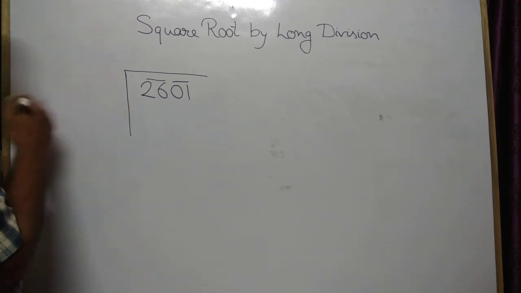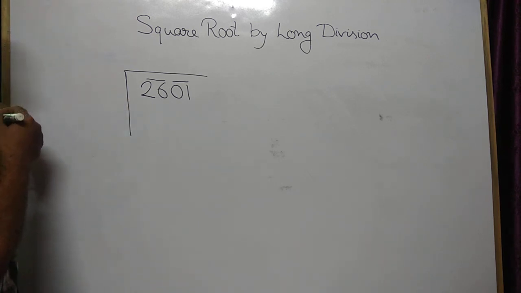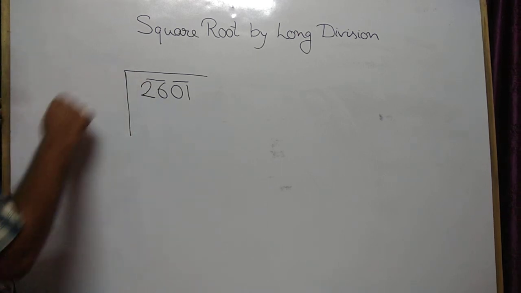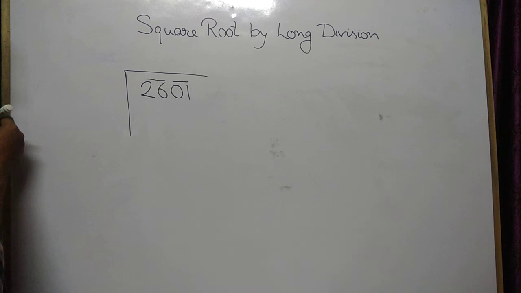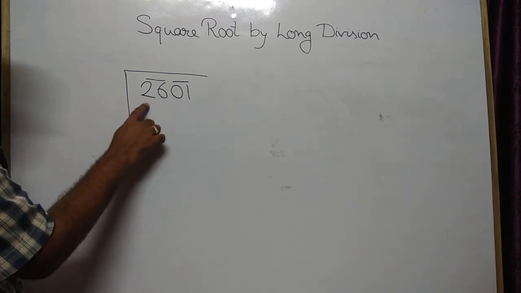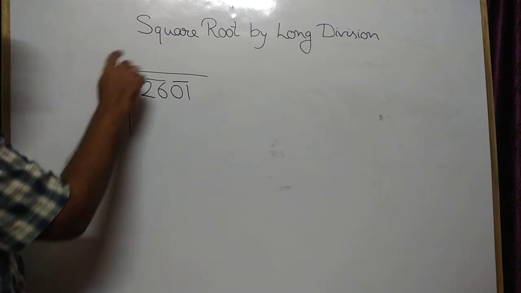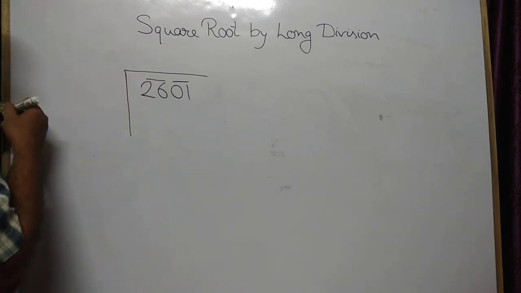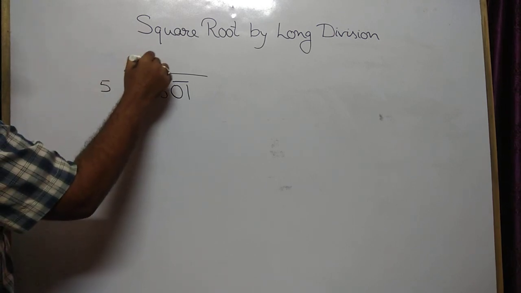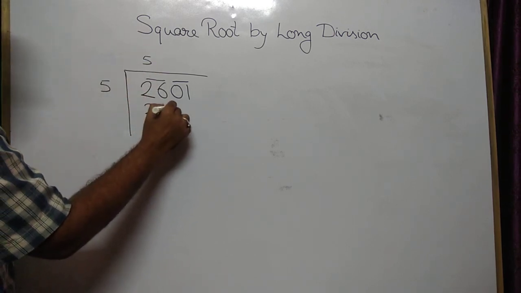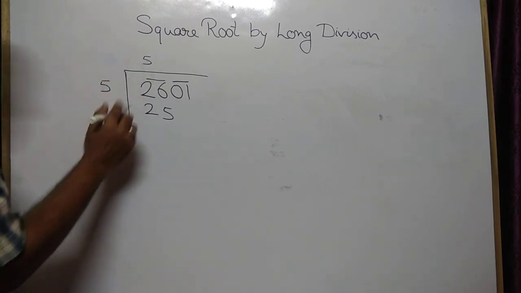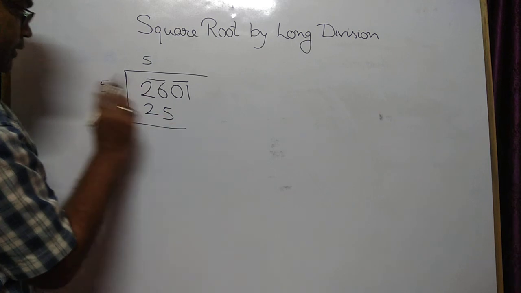So first we choose a divisor such that the quotient is the same. Here 4 4s are 16, 5 5s are 25, 6 6s are 36. Since 36 is greater, we use 5 5s are 25. You can see that what divisor we use, the quotient will be the same. This is the first step.